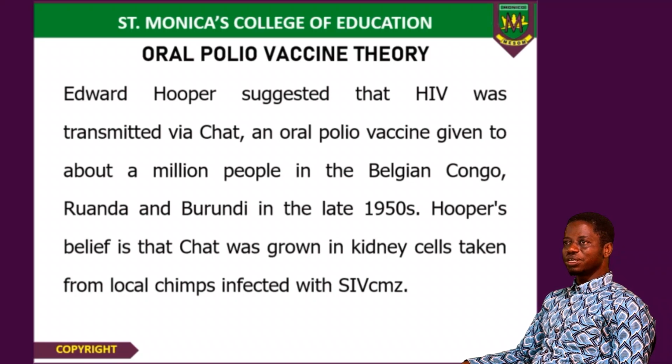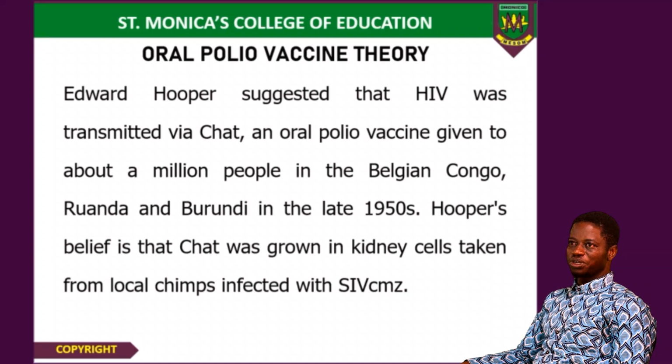They're saying that when there was a polio outbreak in Burundi and Rwanda, the white man decided to manufacture a drug using the kidneys of infected monkeys and chimpanzees. When that drug was administered, these people were infected, and they are saying that this theory is not scientifically proven.